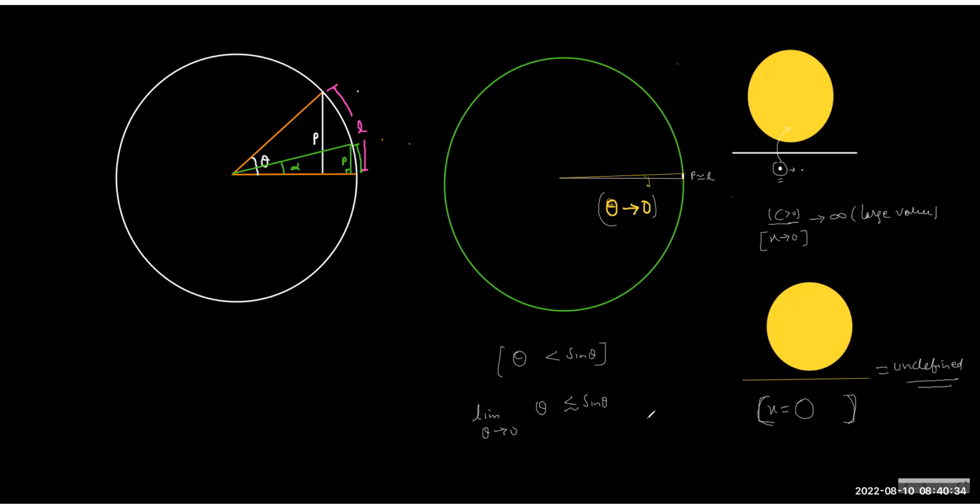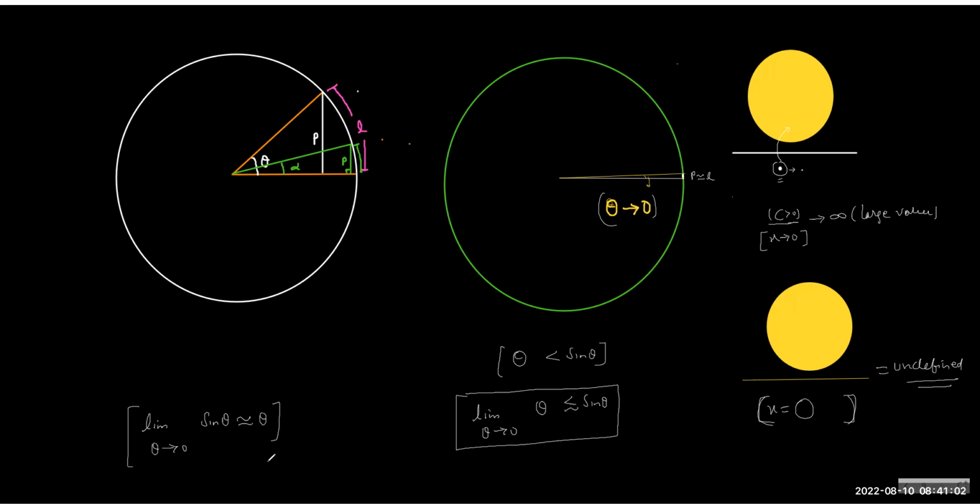Can we say? Yes or no? Yeah. So for a small angle, can we equate these two answers? So when the angle is tending to 0, you can always write sine of angle as simply angle. Do you realize this relation?